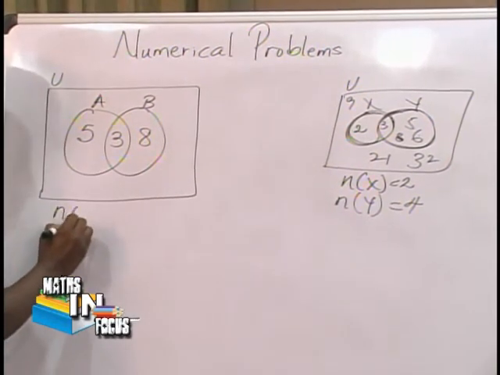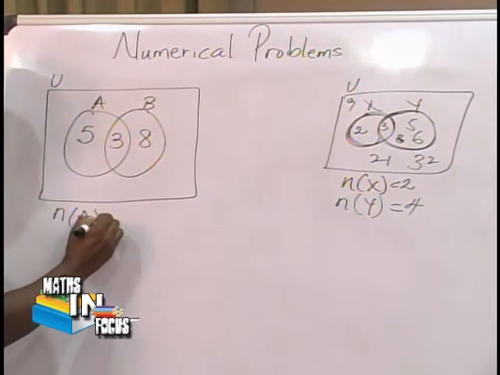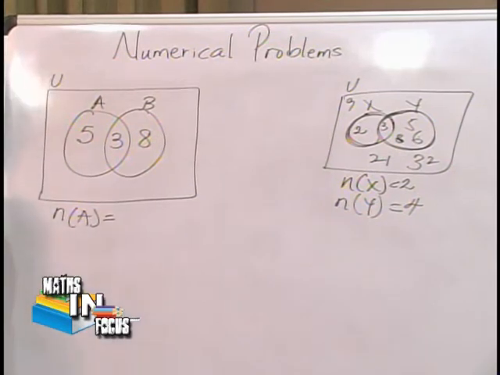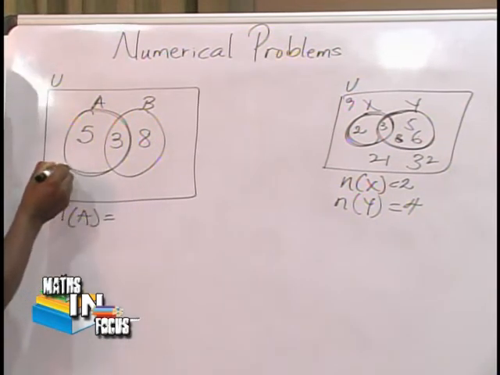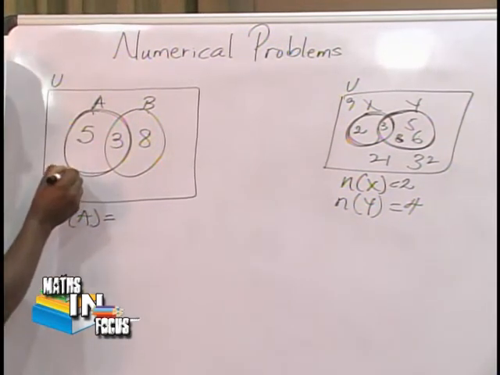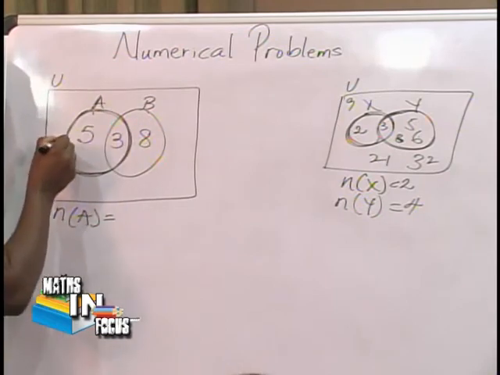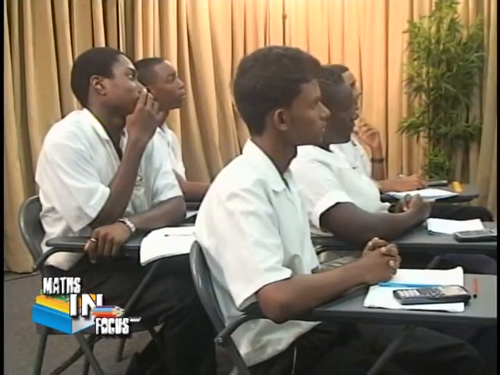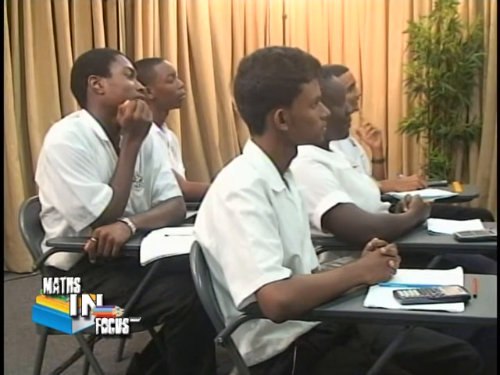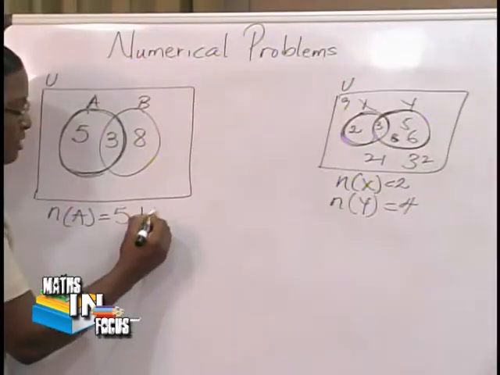Number of elements in the set A is equal to, for A, we have this entire loop. So how many elements are found in here all together? And how did we get our 8? 5 plus 3.